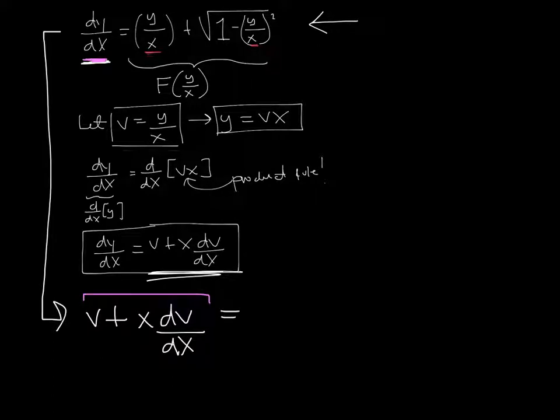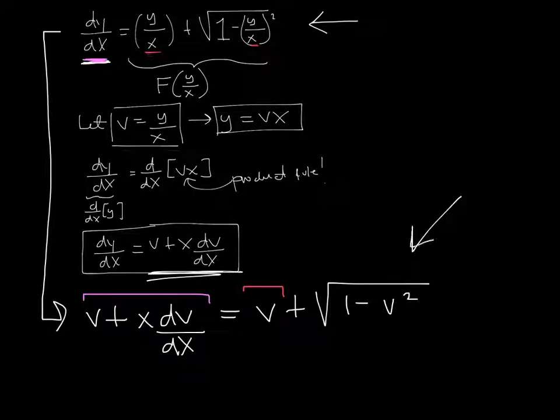Well, y over x is just v, plus the square root of 1 minus v squared, because we have y over x squared. Okay, so this is a function g of x and v.